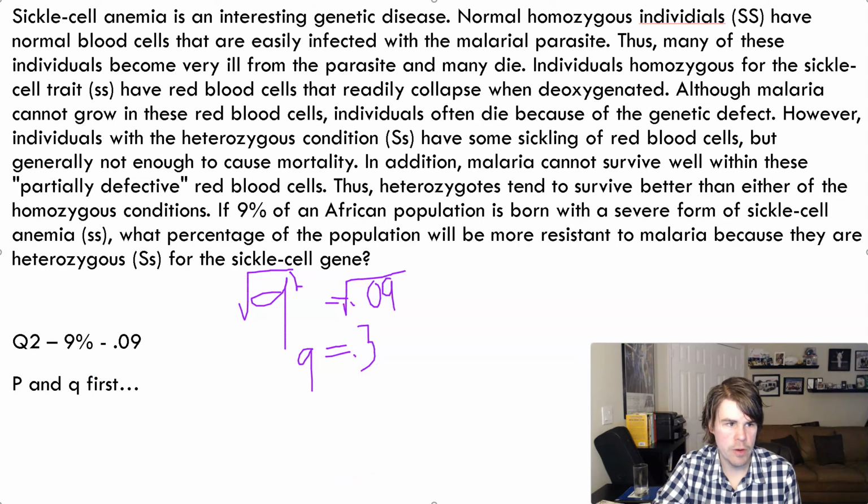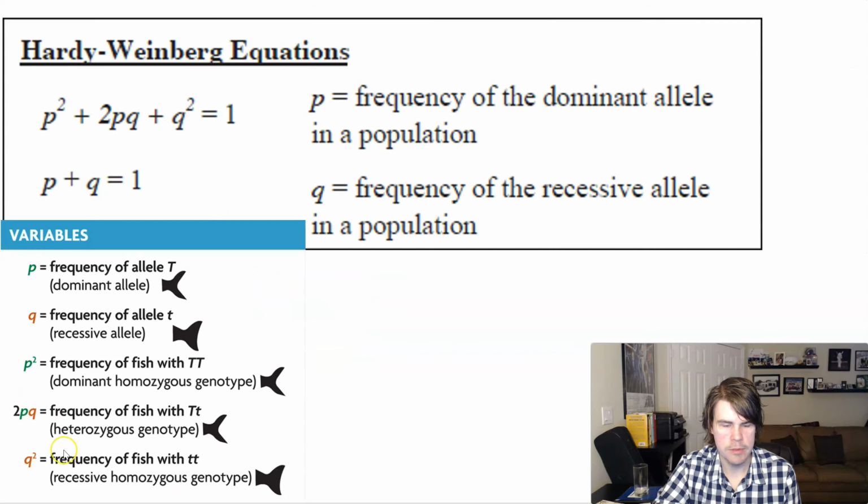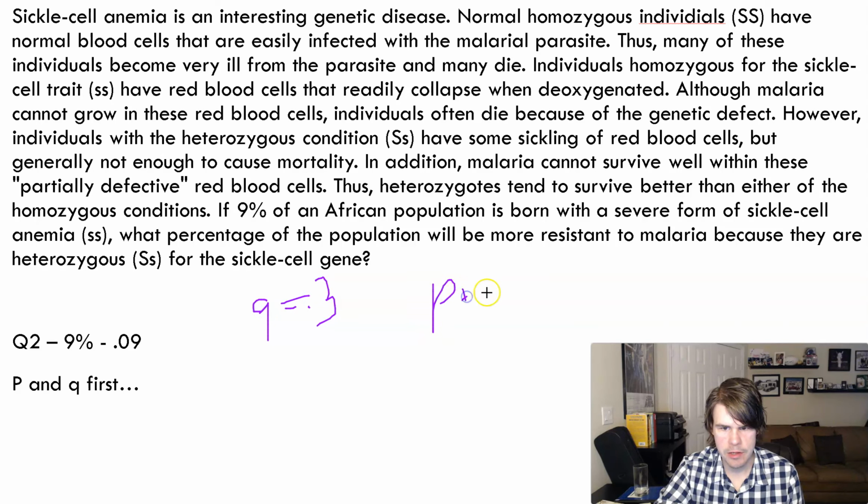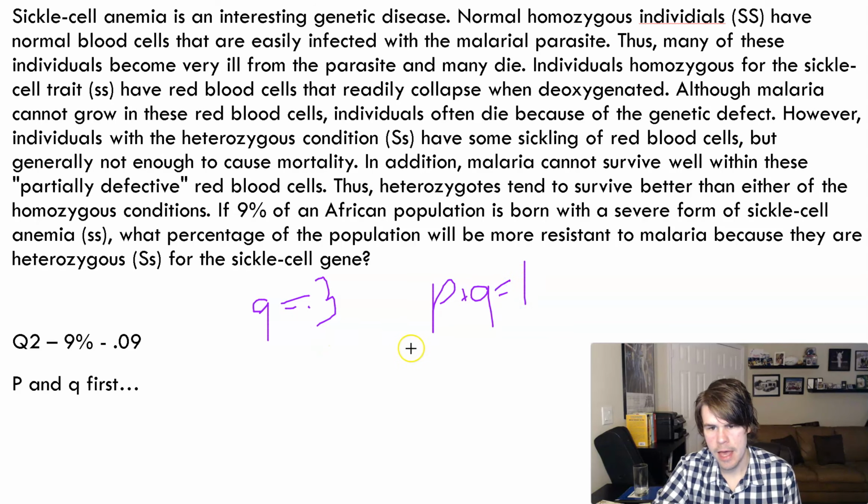Now, how do I find P? Well, I go back to my equations. Right here: P plus Q equals 1. So if I know that Q equals 0.3, then P equals 0.7.